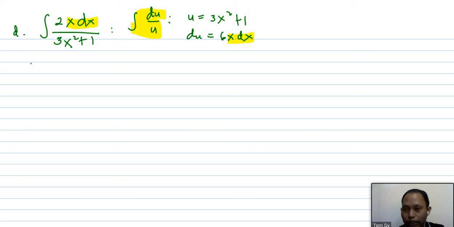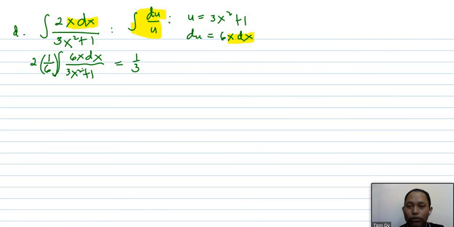So rewriting this one, I will write first 2, and then instead of writing x dx, I will write 6x dx, and since I write here 6 instead of x dx, I will write its reciprocal, that is 1 over 6. And then we just copy this one, that is 3x squared plus 1. So that is equivalent to 2 over 6, that is 1/3. And then this one is of course ln u.